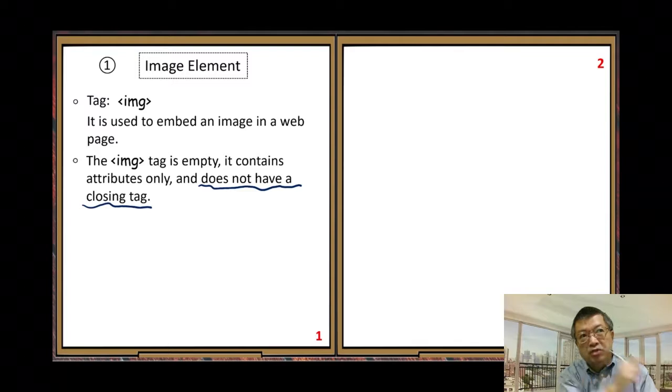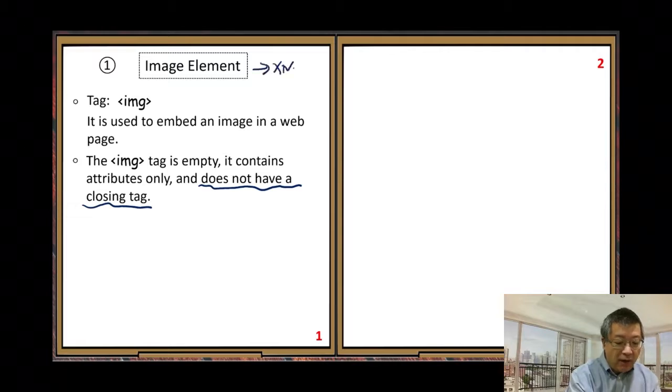This could cause a problem, right? Remember when I talked about the validation of HTML, and remember the connection to XML. We know XML requires closing tags for all the elements.